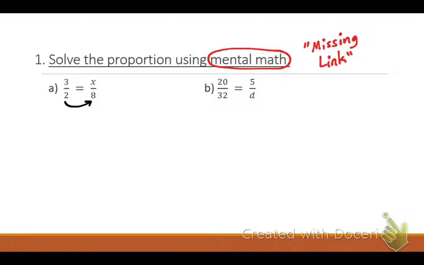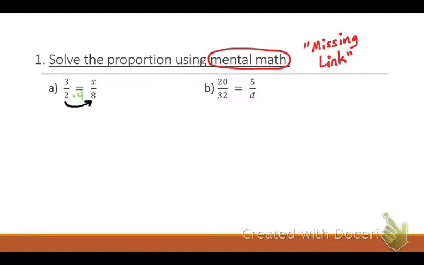If I have a 2 and I'm trying to get bigger to go to an 8, should I multiply by a number or divide by a number? Multiply, because I'm trying to get bigger. 2 times what number equals 8? 4. So what we're going to write here is 2 times 4. All right, so multiply by 4 is my missing link.